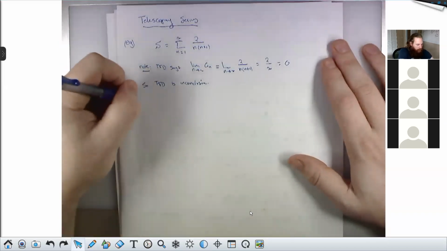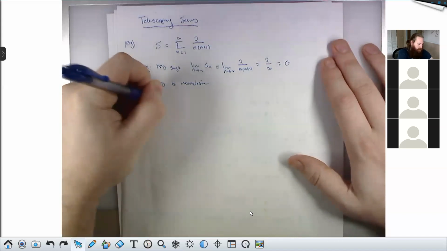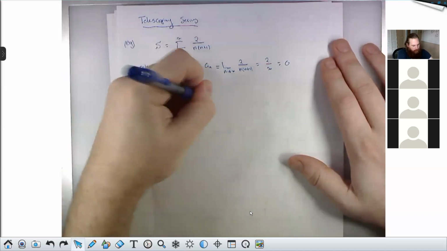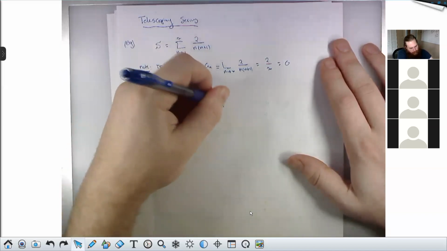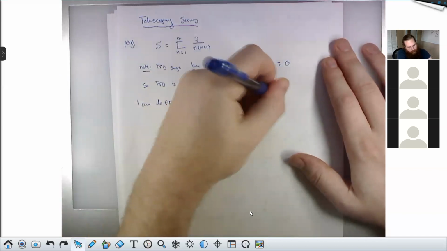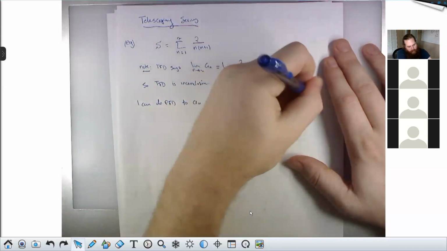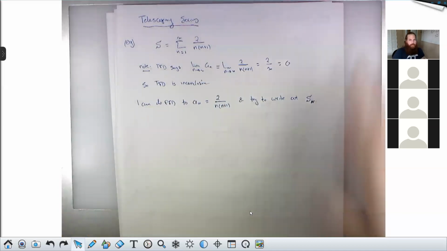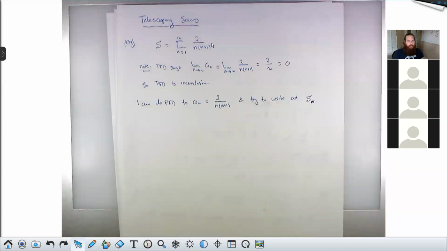But what I can do is apply PFD to a_n, which is 2 over n times n plus 1, and try to write out S_n. Because the denominator here has 2 factors, and the gap between those factors is just 1, I have reason to believe that the PFD will give me something nice if I split this up.